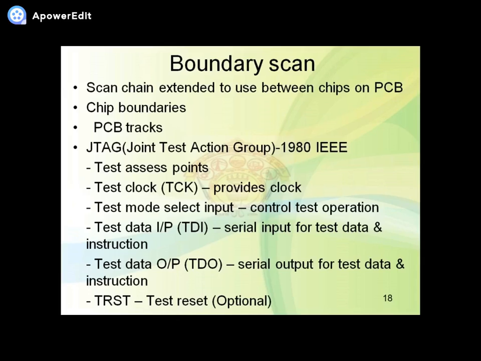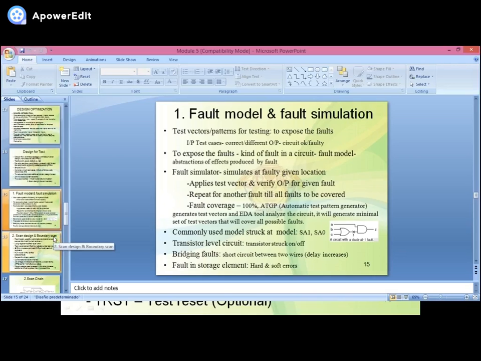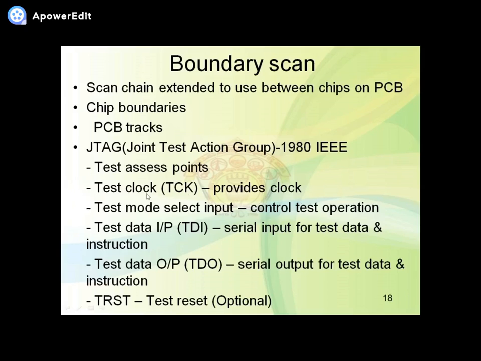Then test data input. Test data input is serial; it will provide the serial data for the test data and instructions. It will also have the test mode select input, so we can control the test mode operations.